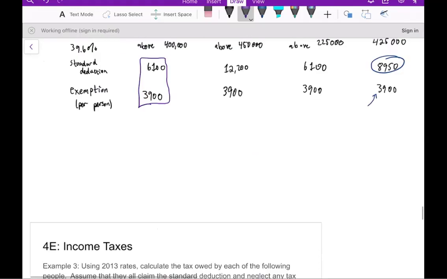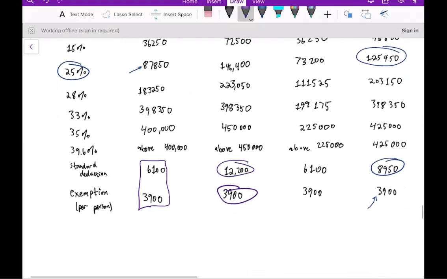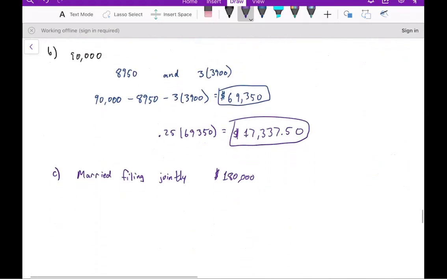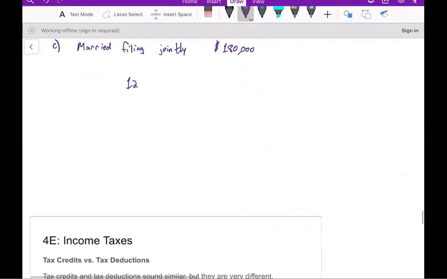So if we go to our table, married filing jointly is this middle column, right? And the standard deduction is $12,200, and the exemption per person is $3,900. So I need to subtract $12,200 for the standard deduction, and also two, right?